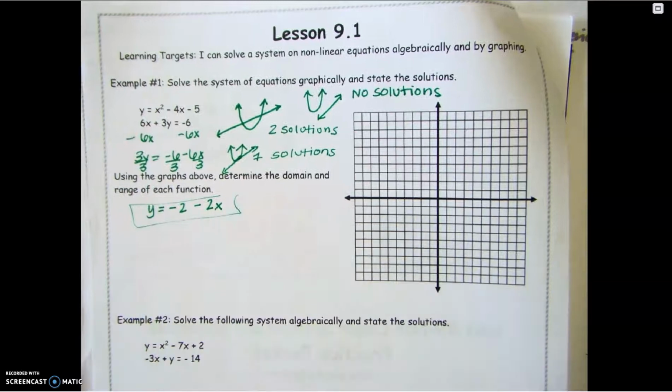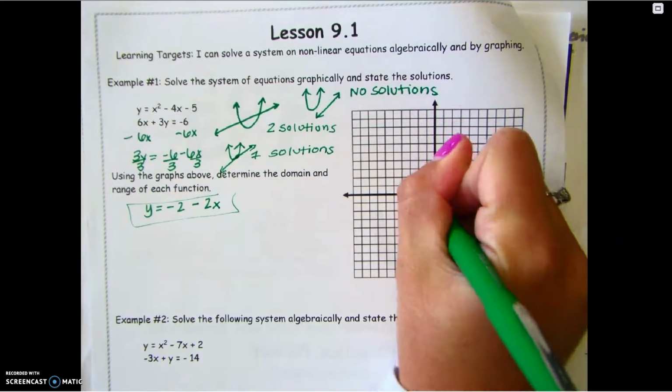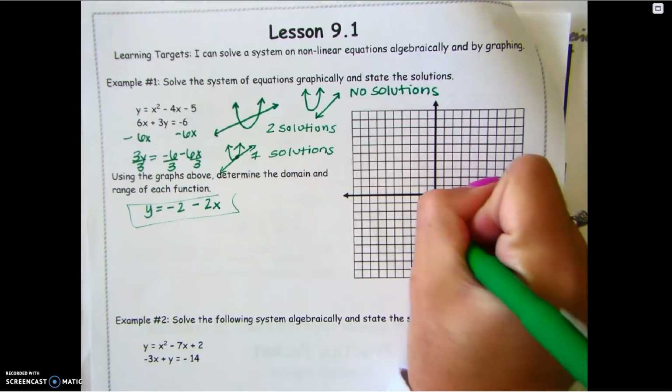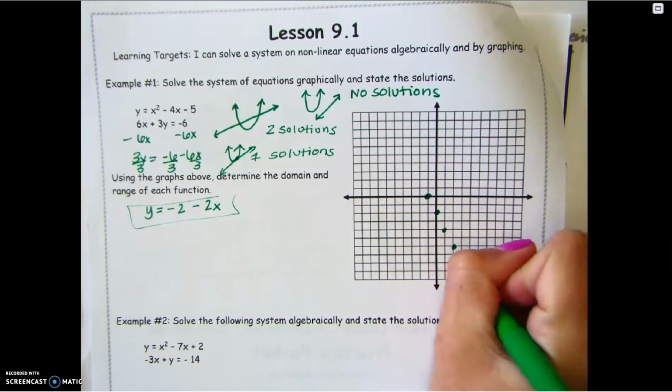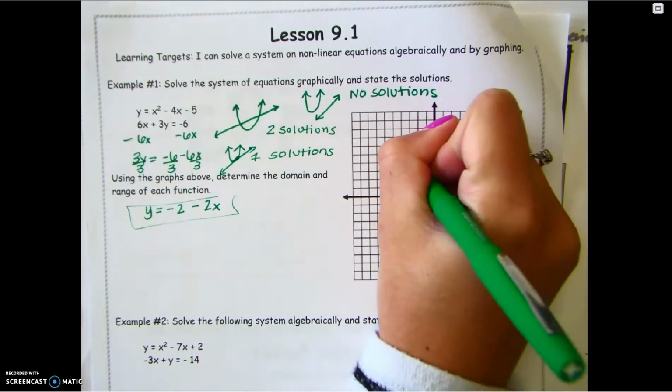I'll take a minute and do that on my graph to the right, using my graphing calculator. So I got (negative 1, 0), (0, negative 2), and then I can just follow that pattern down and over 1 to plot the rest of the points.